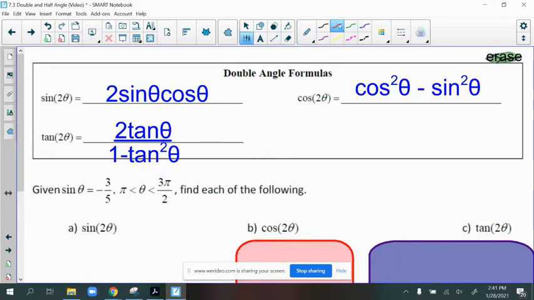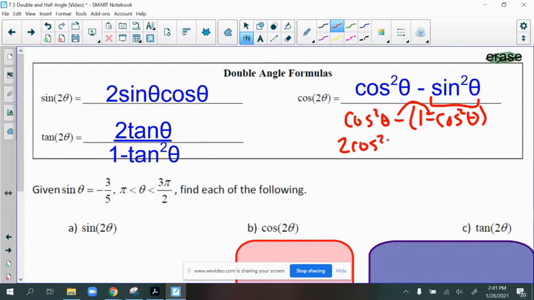Another thing you should know is I could easily change this into something else. So I could have cosine squared minus, I could change sine squared into 1 minus cosine squared by identities. And so really this double negative makes it positive, and so you have 2 cosine squared theta minus 1. So you could also use this.